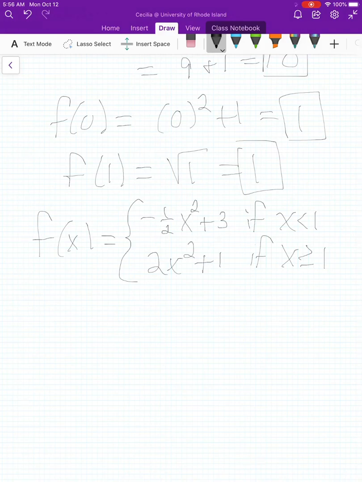So again, we have the function defined one way with x less than 1, and then at 1 it switches over to the second definition of the function.